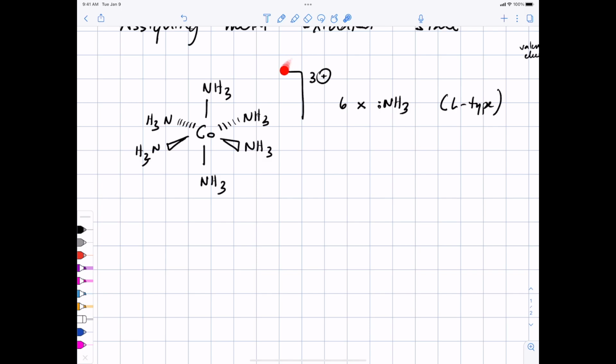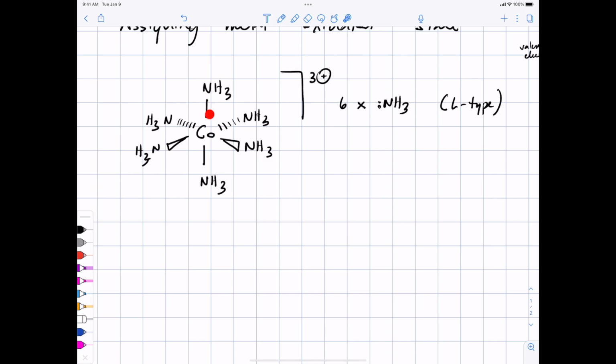If you know the overall charge on the complex and you know the difference between an L-type ligand, which is neutral, and an X-type ligand, which is negatively charged, assigning oxidation state is easy. For example, here, I know that the complex has overall charge of +3. I know that each of these ligands, ammonia, is an L-type ligand.